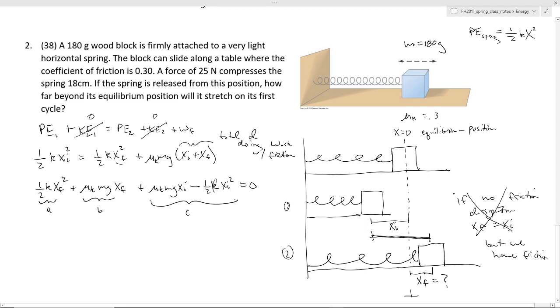One detail though, k. So what is k? We're not given it directly, but just to recall, k is the force per distance, and we're given that this was 25 newtons per, let's see, 18 centimeters, 0.18 meters.